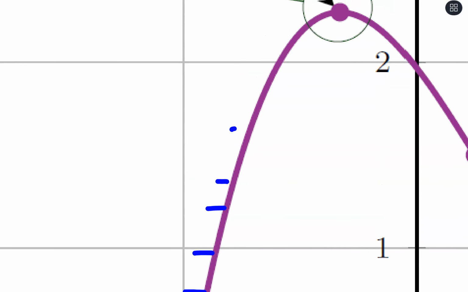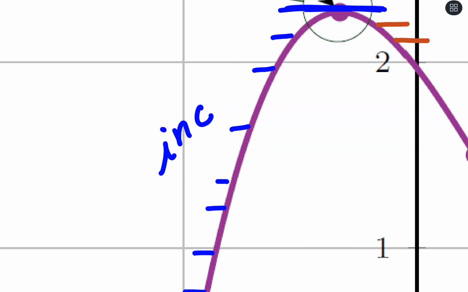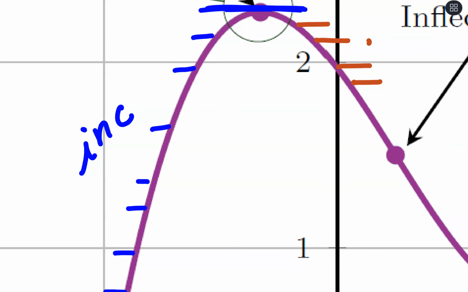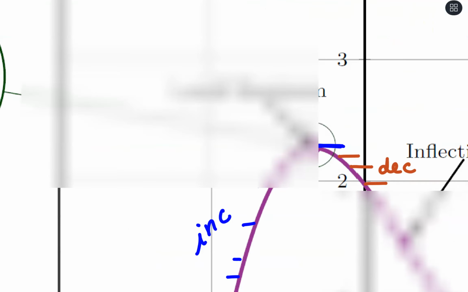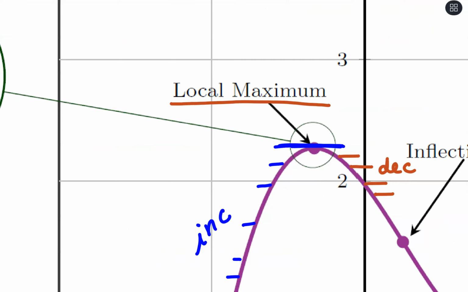All over this we are increasing until I reach that peak. And then it starts going downward and we start decreasing. Because it switches, on the left-hand side we were increasing up to it and now we're decreasing out of it, it creates a local maximum at that coordinate.